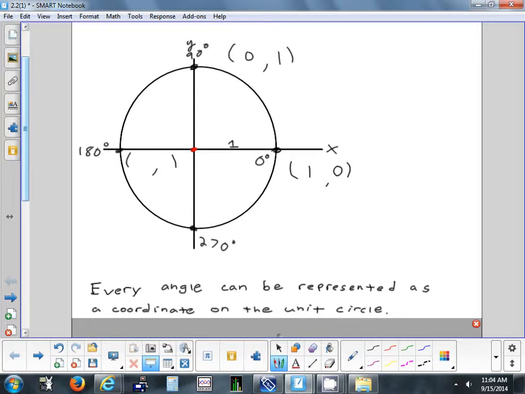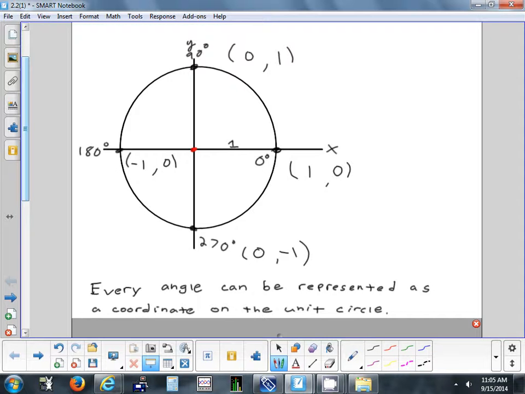Yep, it's negative 1, 0. And the last one we'll do 270. How about Amy? Try one more time. Yep, 0, negative 1. So these are the coordinates that represent those 4 angles. Any questions on how we figured those out?